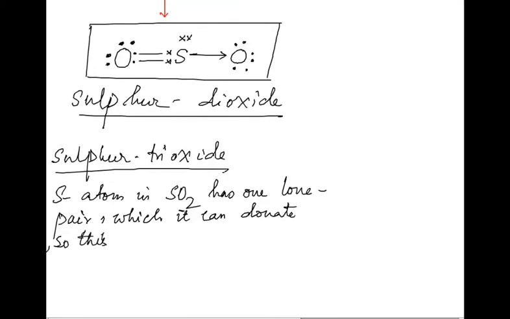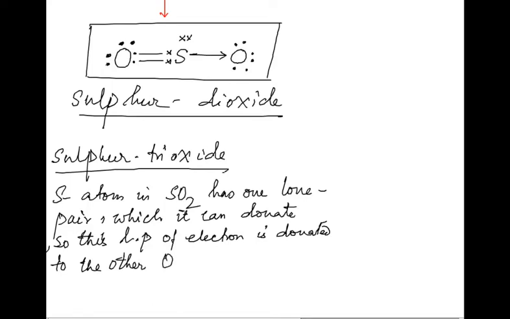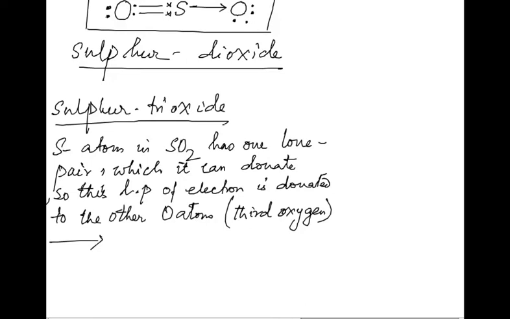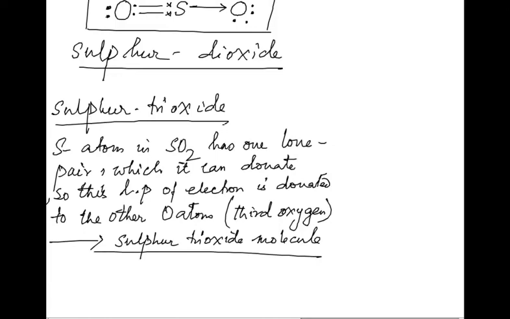So this lone pair of electrons is donated to another oxygen atom, a third oxygen we can say, giving rise to the sulfur trioxide molecule. So this is the basic understanding of the formation of the sulfur trioxide molecule.